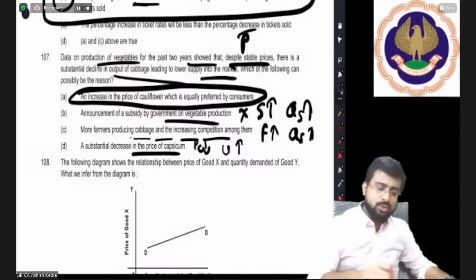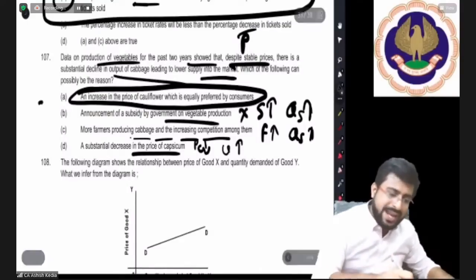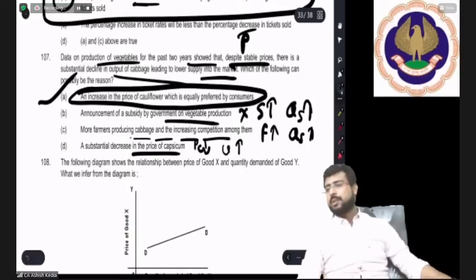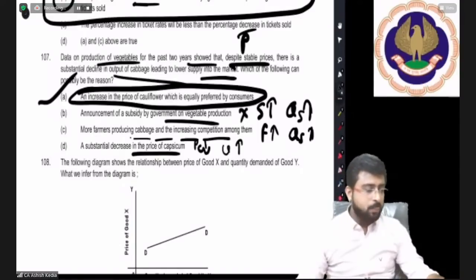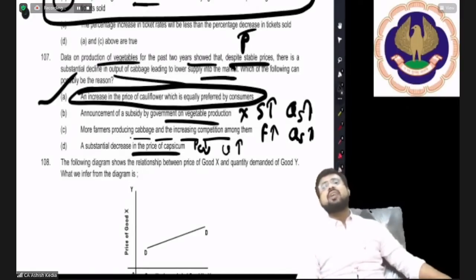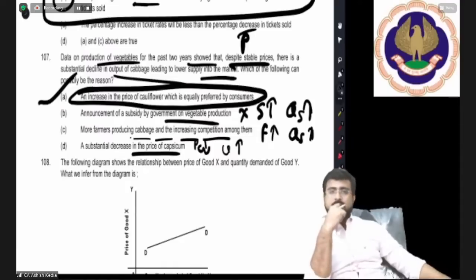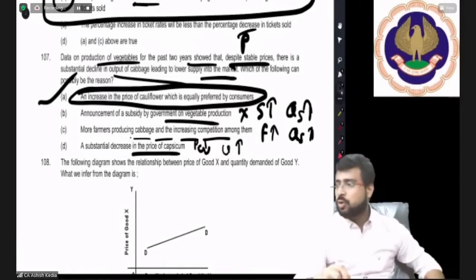Is that so, sir? Yes, that is so. So 107, it will be A, because farmers are finding it more profitable. Let's move on to the next point, guys.